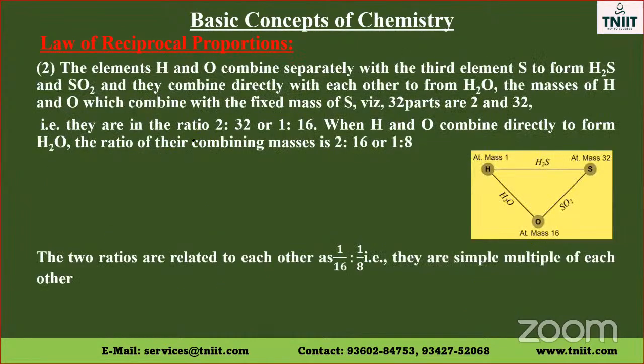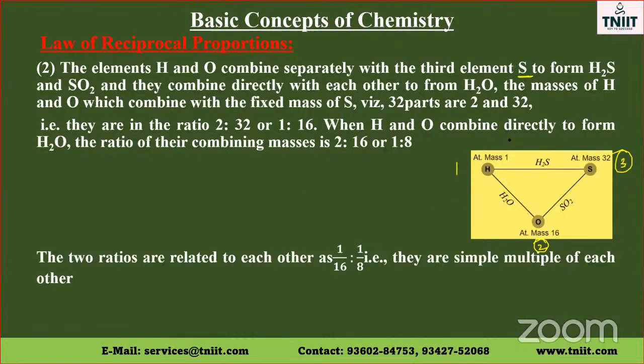Now, the second illustration. The elements hydrogen and oxygen combine separately with the third element. The third element is sulfur. The first element is hydrogen. The second element is oxygen. The third element is sulfur.